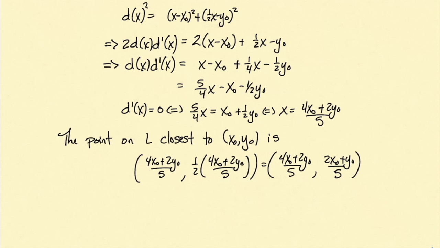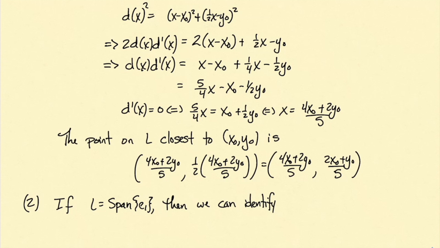Our second remark is intended to explain why we might call this vector b hat a projection. If L were the span of the vector e1, then we can identify this line L with the x-axis.